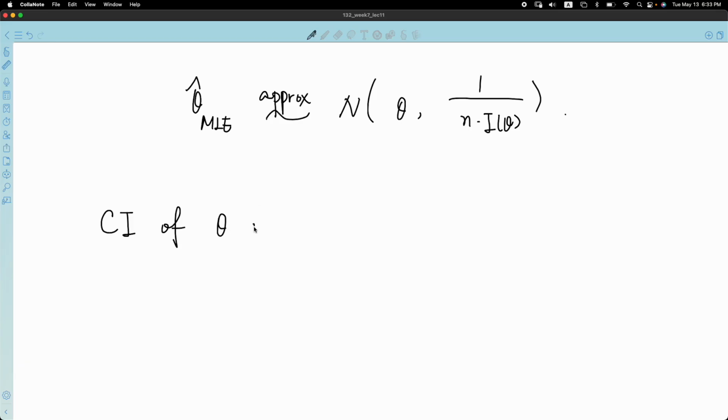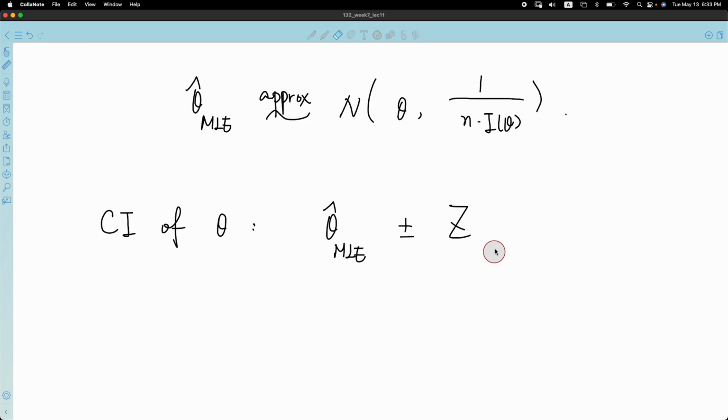What you do in practice is plug in the theta MLE, plus and minus the quantile. Here I'm referring to the 95% interval, so 0.025 and 0.975, or depending on your alpha, 1 minus alpha over 2.